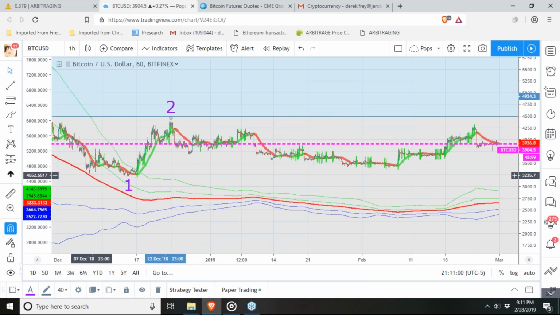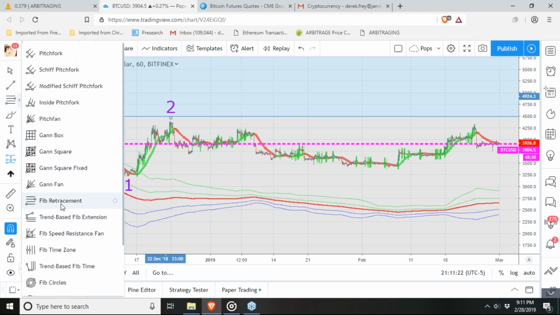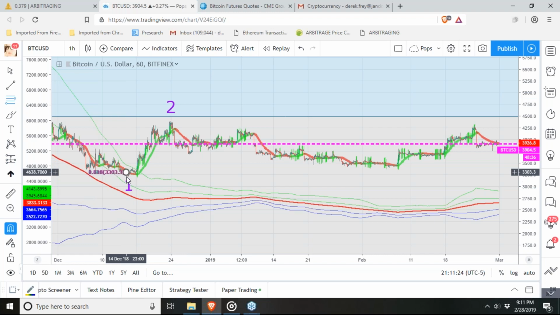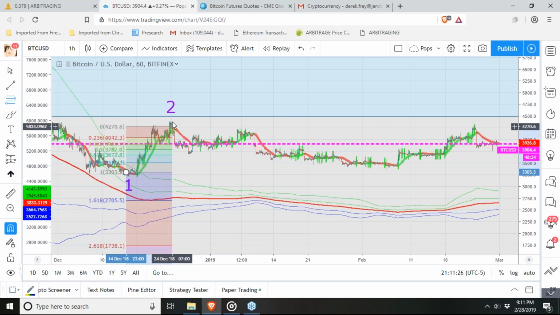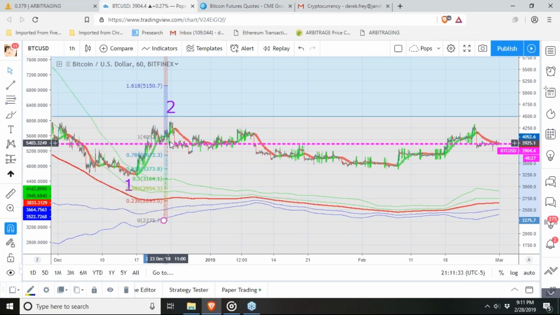Now, lo and behold, if you measure with the Fibonacci tool, very often your retracement is going to be either a 50% or a 618, sometimes a deep 786, but usually a 50 or 618. So here, I'll show you. Sorry, wrong one. Retracement. Oh, I'm doing it backwards, but let's do it that way.